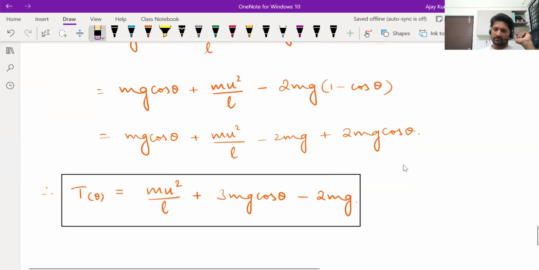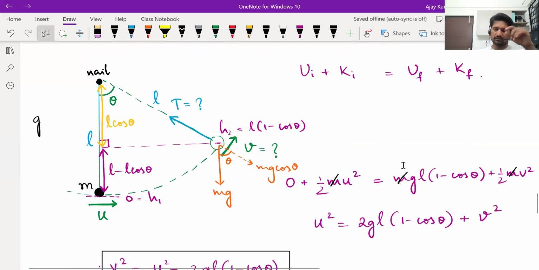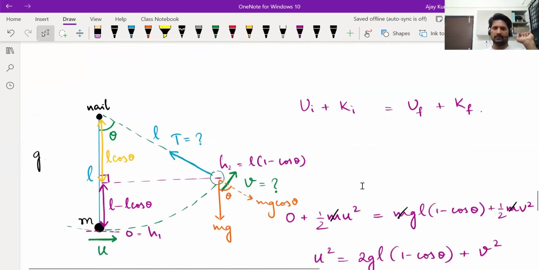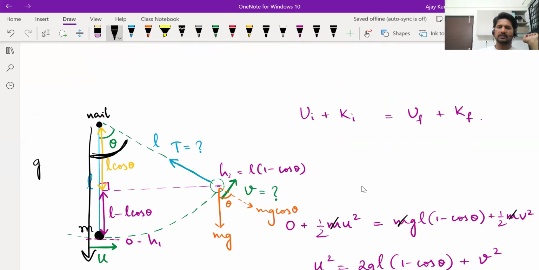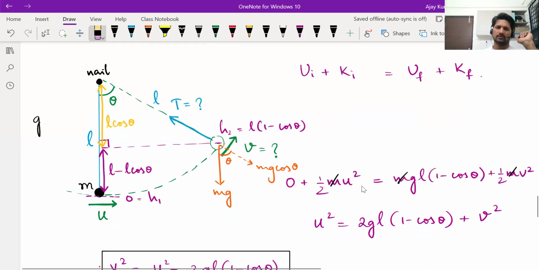Fine. And observe very carefully, theta is the angle made by the string with the downward vertical. This direction is called the downward vertical direction. Theta is the angle between the string and that downward direction. At the bottommost position, when the string is at the bottommost position, how much is theta?